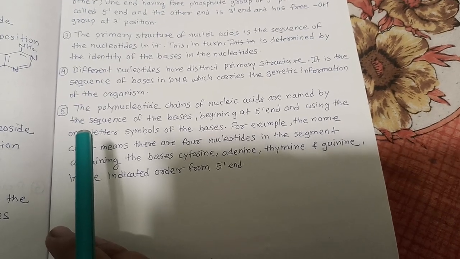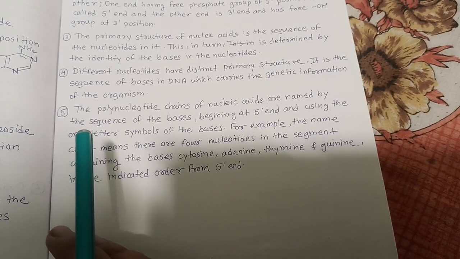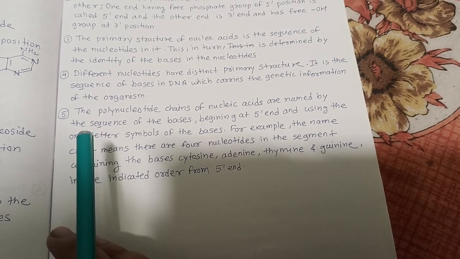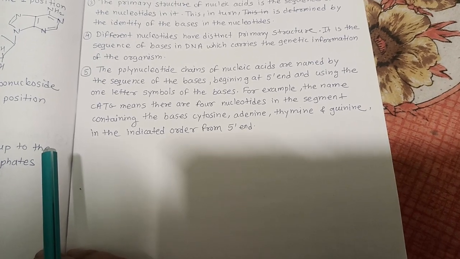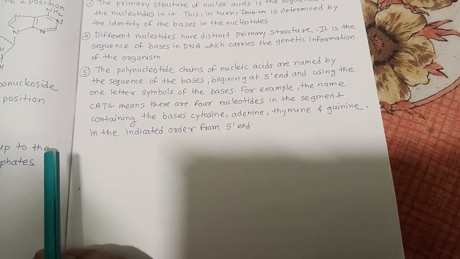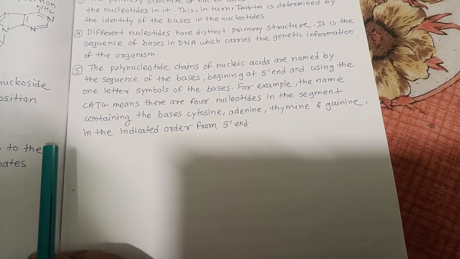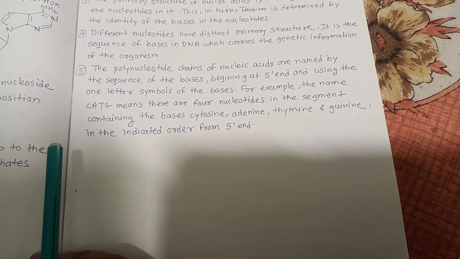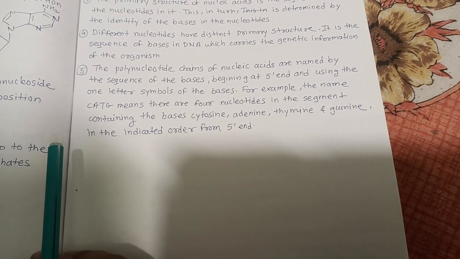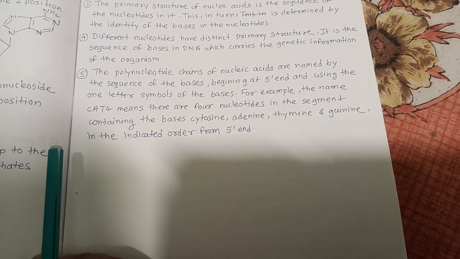It is the sequence of bases in DNA which carries the genetic information of the organism. The polynucleotide chains of nucleic acid are named by the sequence of the bases beginning at 5' end and using the 1-letter symbols of the bases.